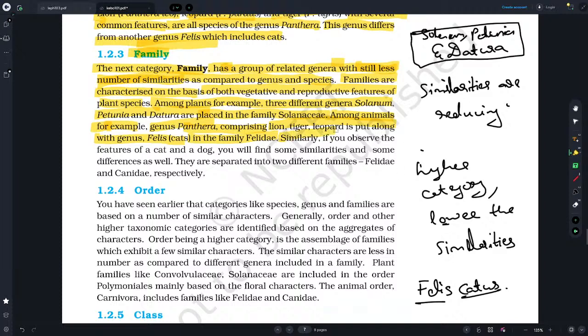Similarly, if you observe the features of cats and dogs, you will find some similarities and some differences as well. They are separated into two different families, where Felidae is the family of cats or tigers, and Canidae is the family of dogs or wolves.